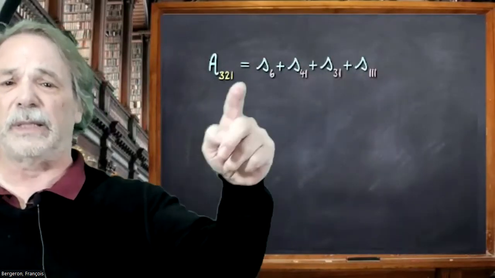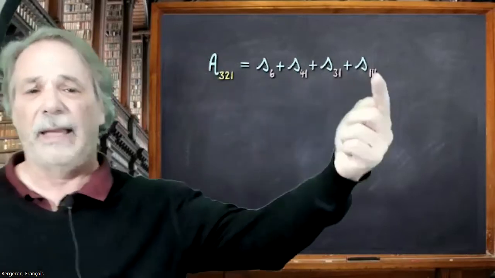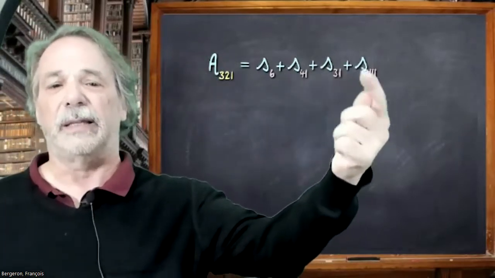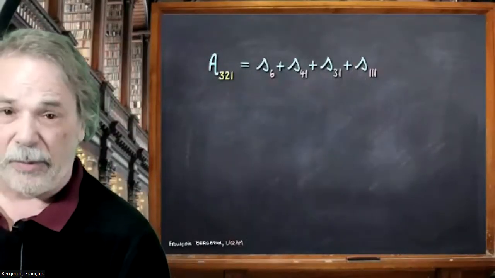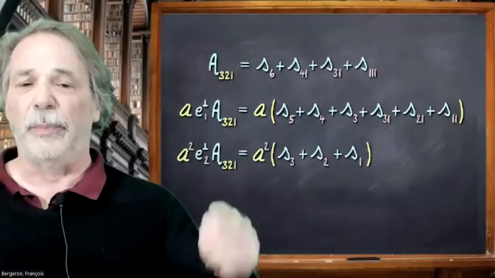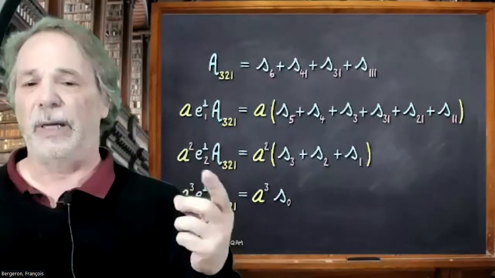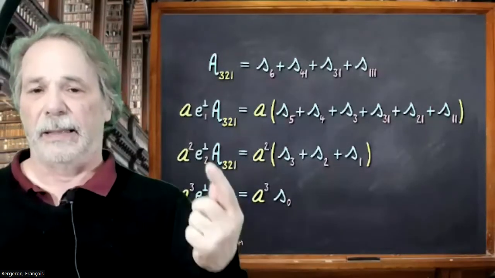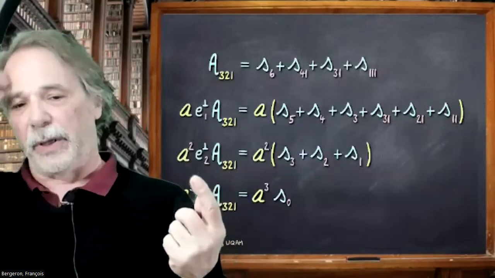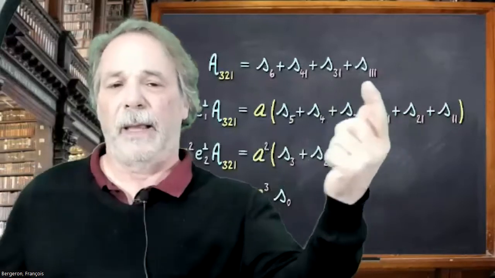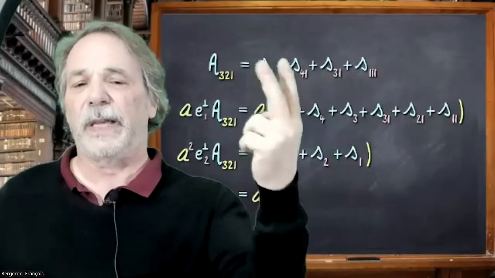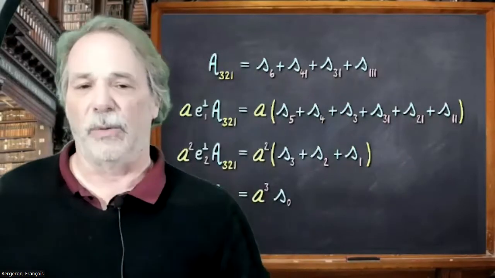So you start with some A_321, and there's this term, this S_111 here, the final term. Now, for each of these, you calculate, you perp with respect to E1, E2, and E3. Now, perping with, say, respect to E2 means that you look at the partitions here and you remove two cells not in the same row.